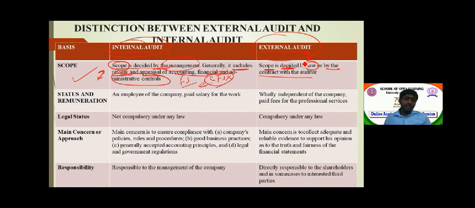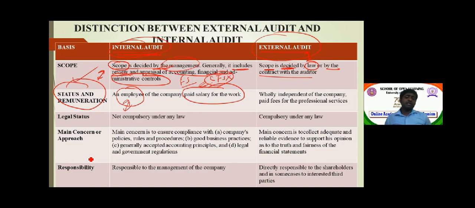All right. Then talking about the status and remuneration. So the internal auditor generally is an employee of the company, and the person is paid salary for this work, because the internal auditor is continuously auditing throughout the year.